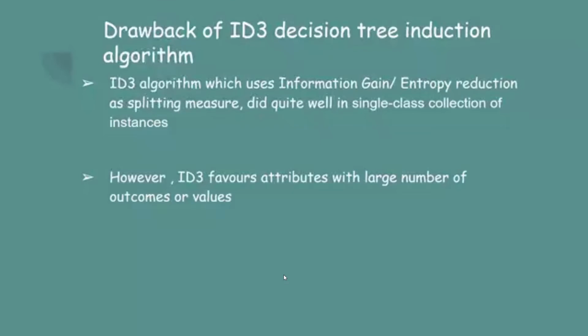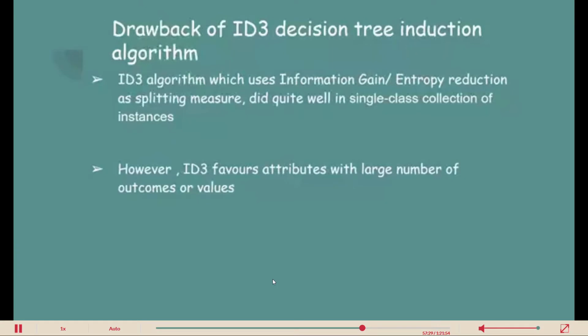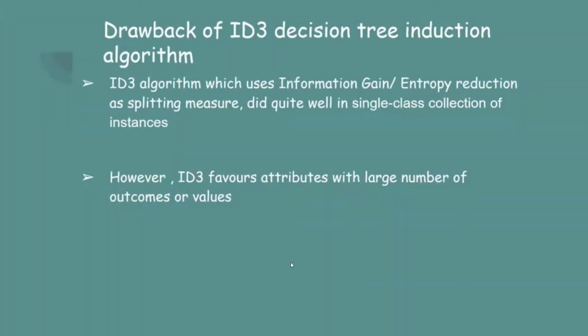and C4.5. Initially, ID3 did quite well in class labeling, but later on we found out that it favors attributes with a large number of outcomes or values. So what is the meaning of a large number of outcomes or values? In the previous example, the weather data table, there were four features, like outlook, which has sunny, rainy, or overcast as its outcome.